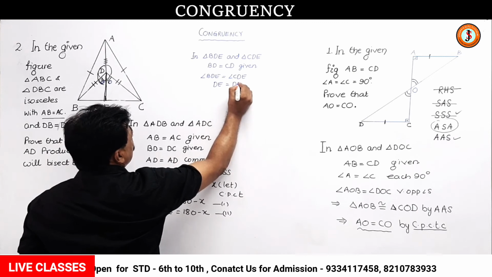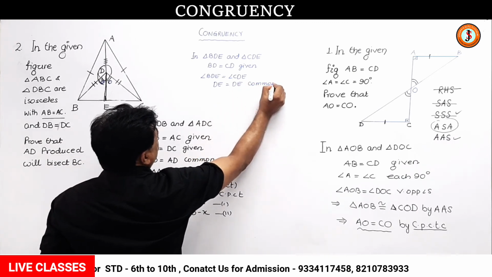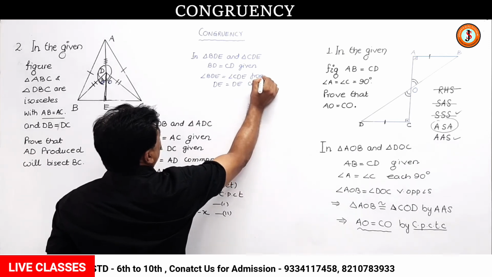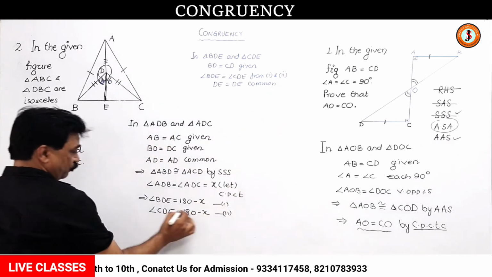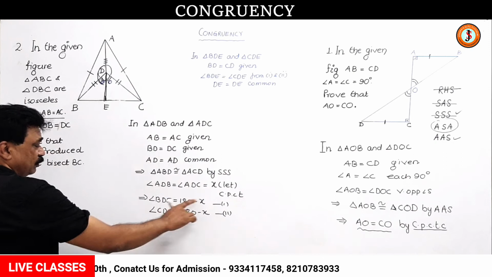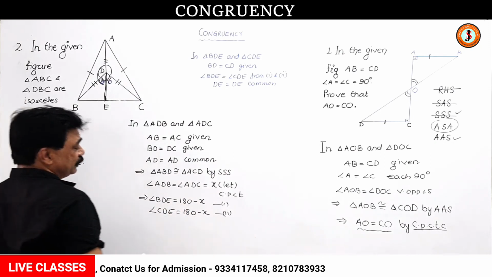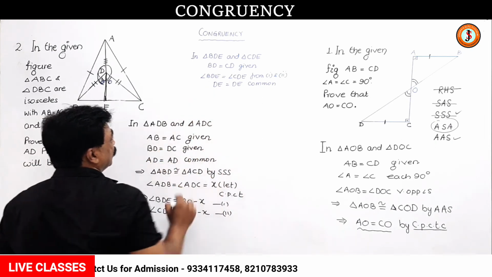This is from equations 1 and 2 that we have taken, isn't it? We have proved over here that both are 180 minus x. Things which are equal to the same thing are equal to one another.